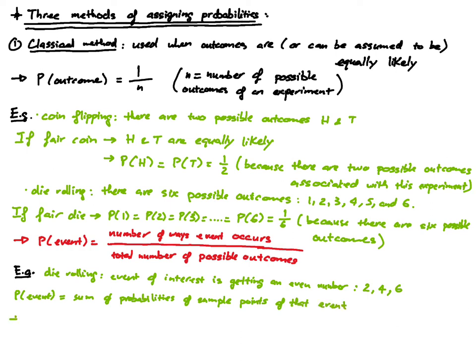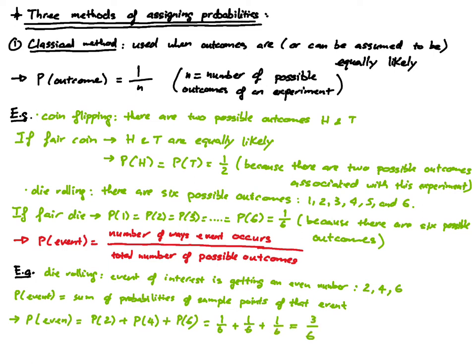That means that the probability of getting an even number is going to be equal to the probability of getting a 2 plus the probability of getting a 4 plus the probability of getting a 6. And because we know each of these is 1 over 6, then the probability of getting an even number is going to be 3 over 6.